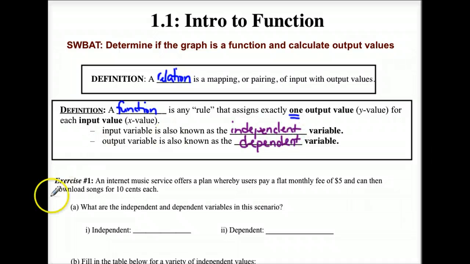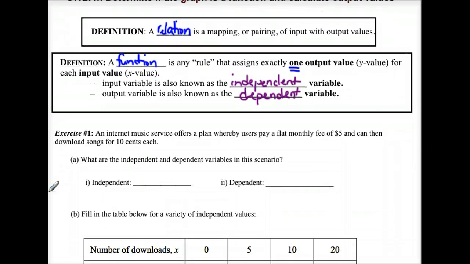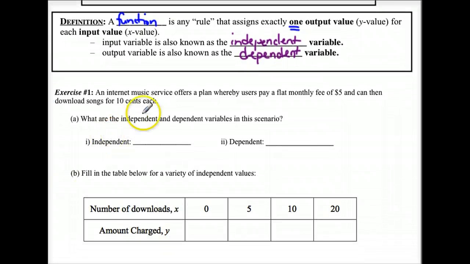So our first exercise says, an internet music service offers a plan whereby users pay a flat monthly fee of $5 and can then download songs for 10 cents each. What are the independent and dependent variables in this scenario? So your independent variable, again, is your input value, which is your x value.